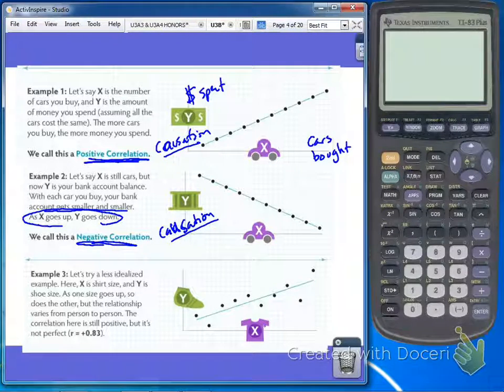So, is there positive or negative correlation here? There's positive correlation. Is there causation?